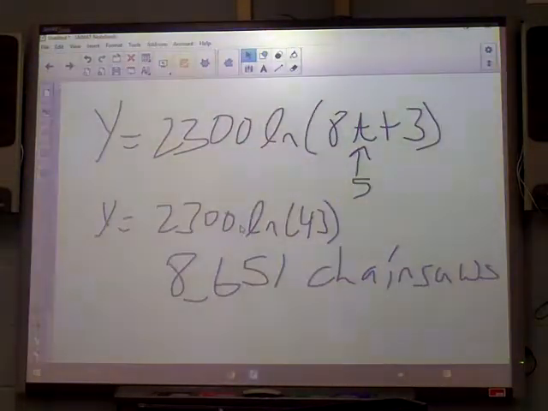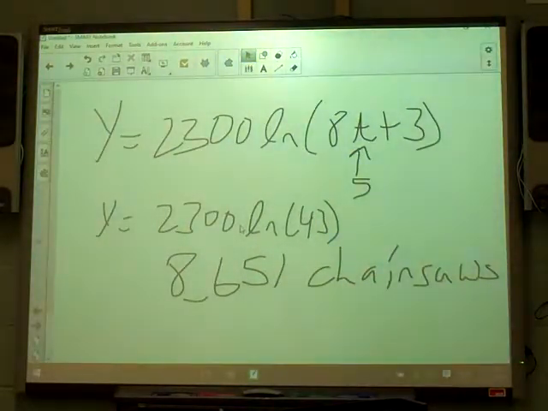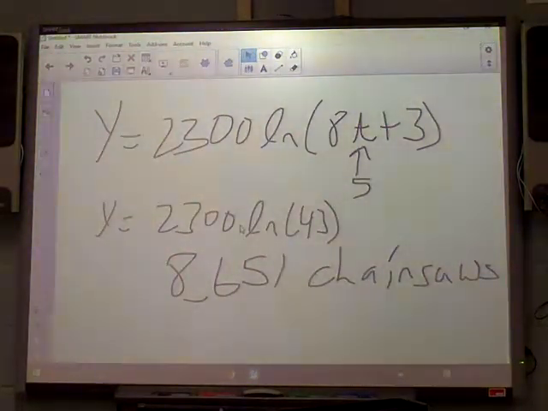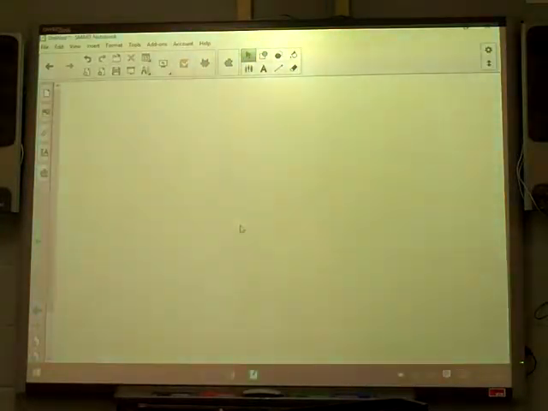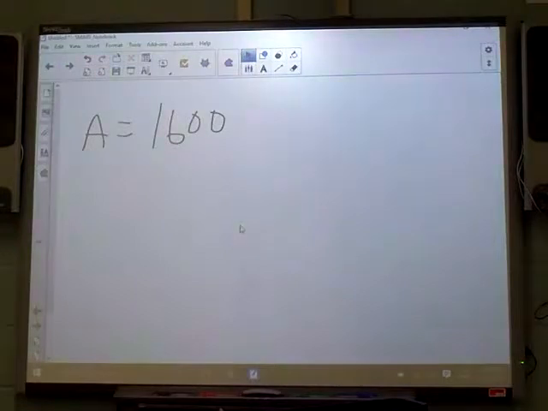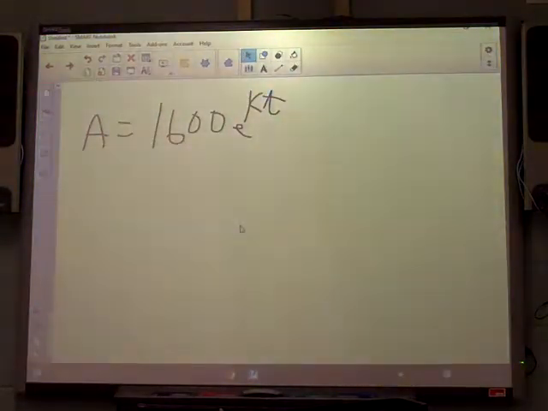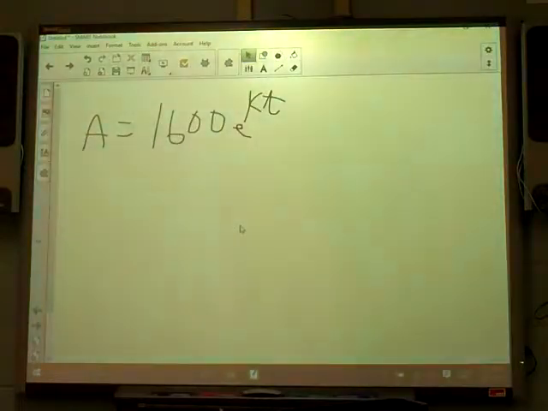Alright, we got a 3-parter on number 19 with the birds. This is one some people told me they had trouble on. An endangered species of birds has a population that's modeled by A equals 1600 times e to the kt power, where A in hundreds represents the current population of the birds T years from now.